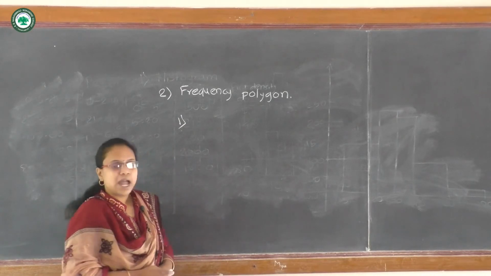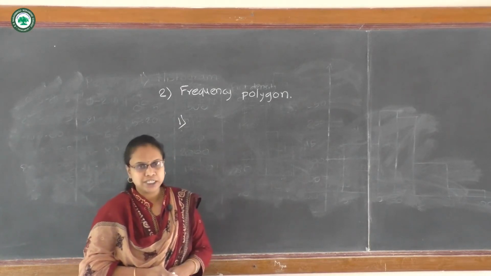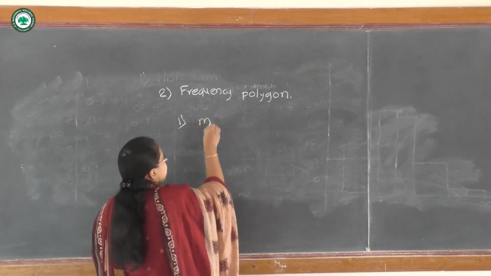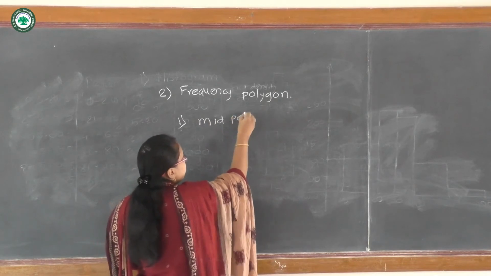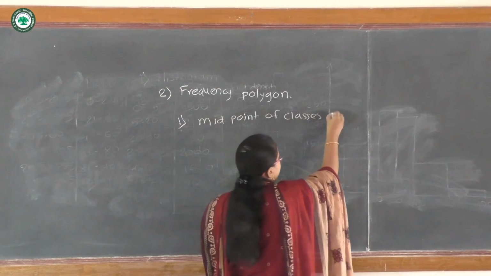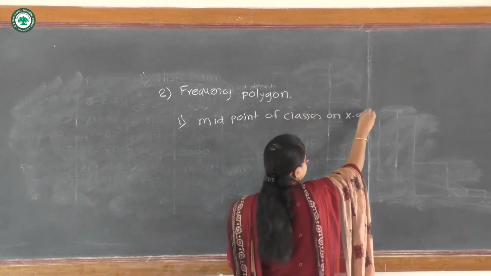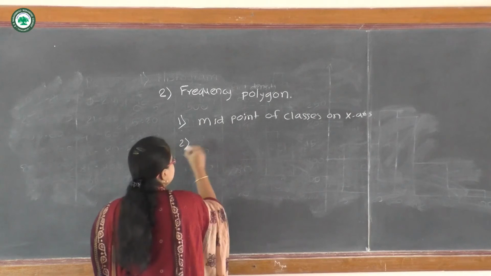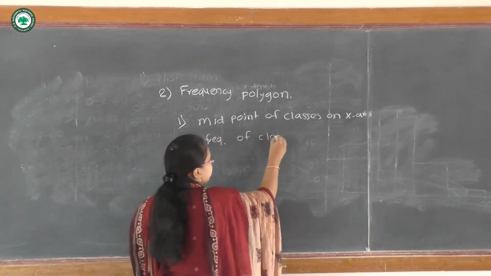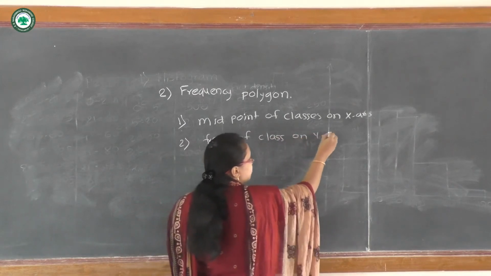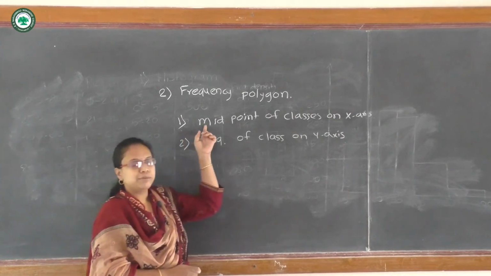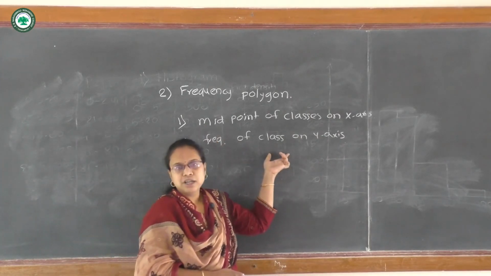Then we have to find the midpoints of each class, and we take these midpoints of classes on the x-axis, and then the frequency of each class on the y-axis.